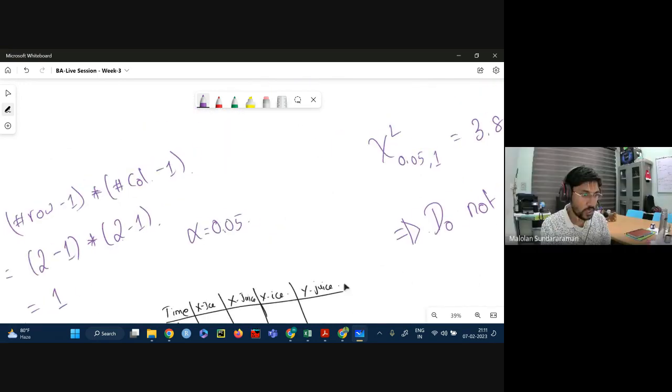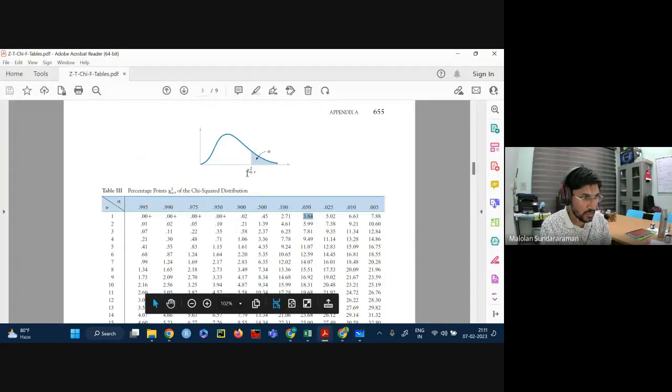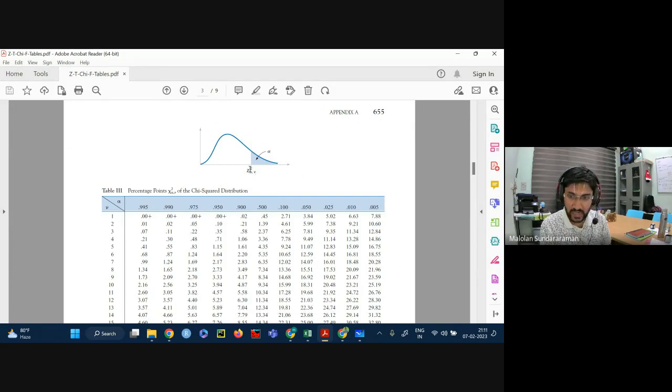Now, how does it work? The chi-squared value that you're putting is basically a cutoff point. If your value is beyond this cutoff point, then it is very far away from the ideal, and the ideal is 0.